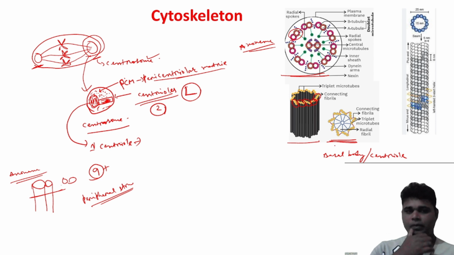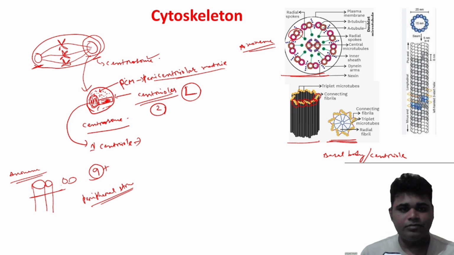In the basal body of the centriole, the same structure is present, but what is the difference from the axoneme? The peripheral links in the axoneme are called doublets, meaning two-ring structures, but in the basal body they are triplets.